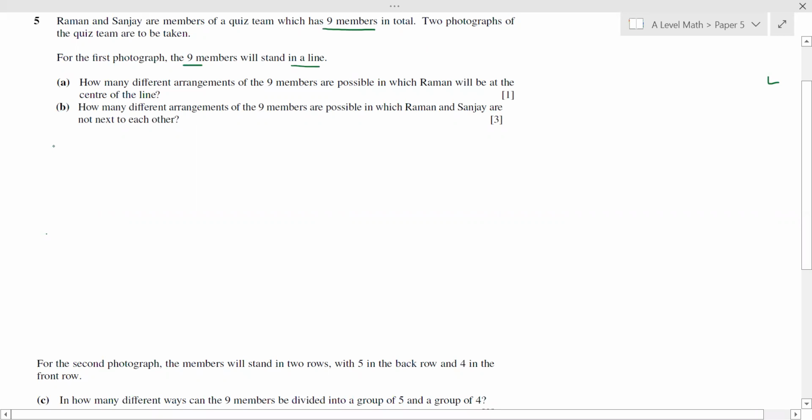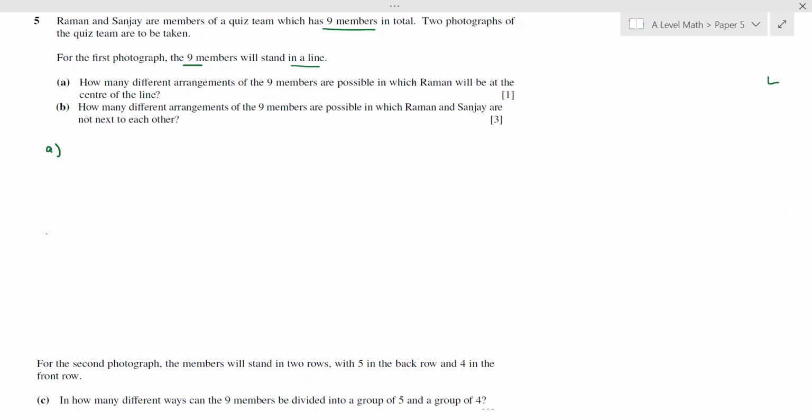Part A: how many different arrangements of the 9 members are possible in which Raman will be at the center of the line? If Raman is at the center, 9 minus 1 will give you 8. We can use the other 8 to form the different arrangements.